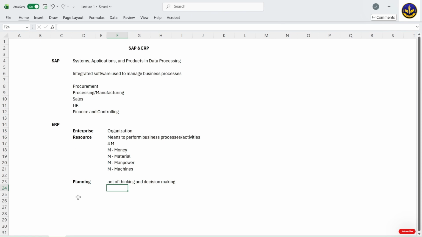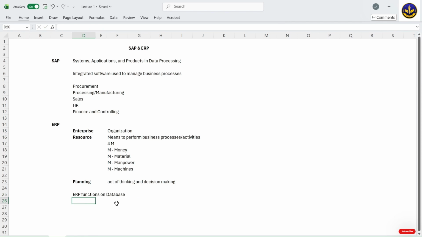And one important point about ERP is that each ERP functions on a database. Without a database, ERP won't be functioning.